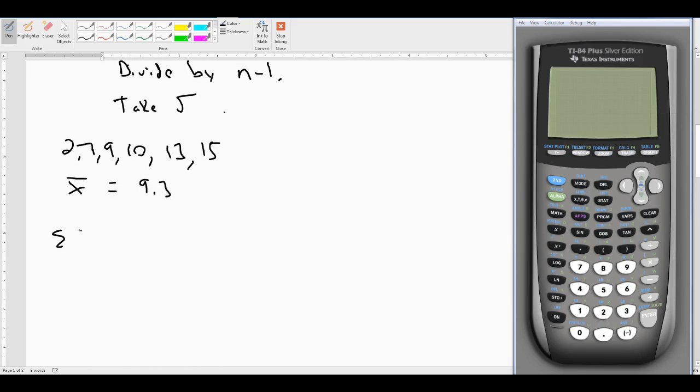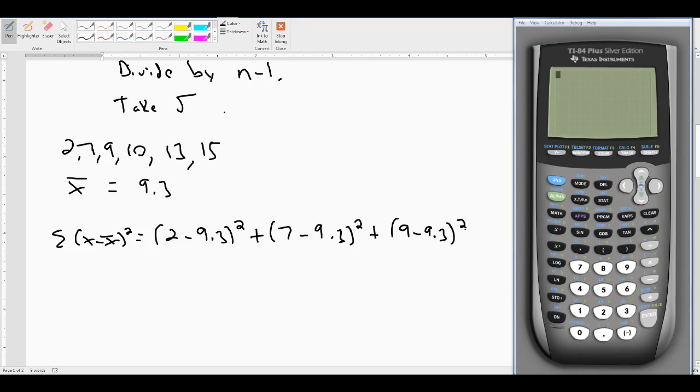So you'll see this in the formula. And what it states is you do this. You take each of those data values, and this first one is 2, subtract the mean squared, plus the next one, which is 7, minus the mean squared, plus the next one, which is 9 squared, plus the next one, which is 10, minus the mean, plus the next one, which is 13, minus the mean, and then the last one, which is 15, minus the mean.